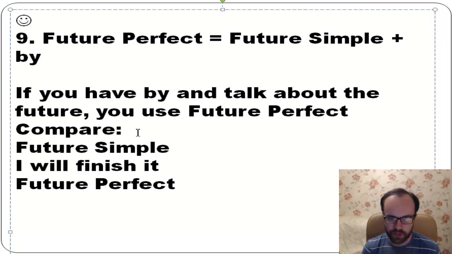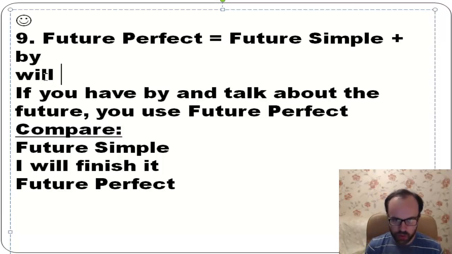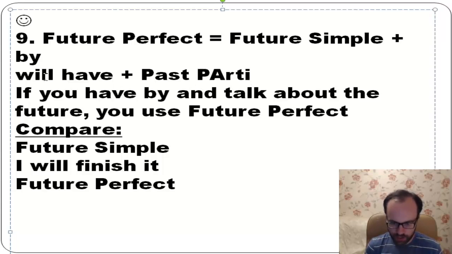Compare future simple and future perfect. How do you form it? We'll have plus past participle, or plus the third form.